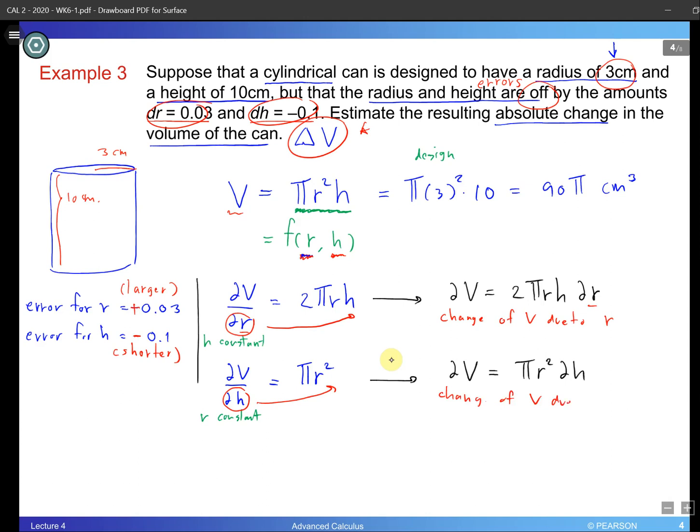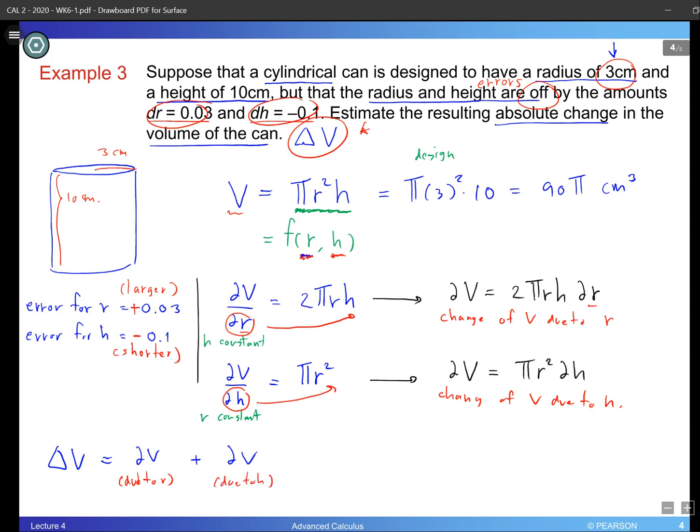Alright, and now we want to find the total change according to both of them. So delta v that we want to find is going to be equal to the change of v due to r, plus another delta v due to h, due to the height.